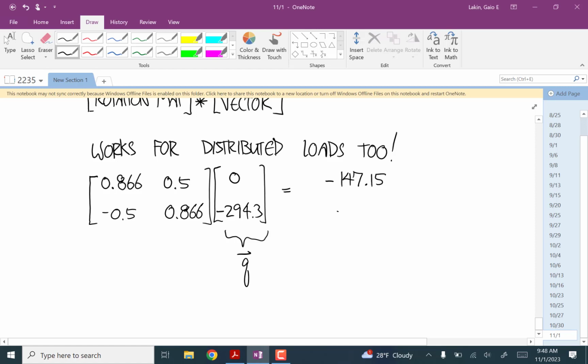We get -147.15, -254.86. And this is a distributed load in newtons per meter.